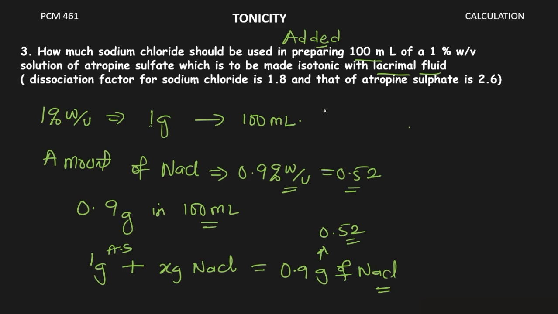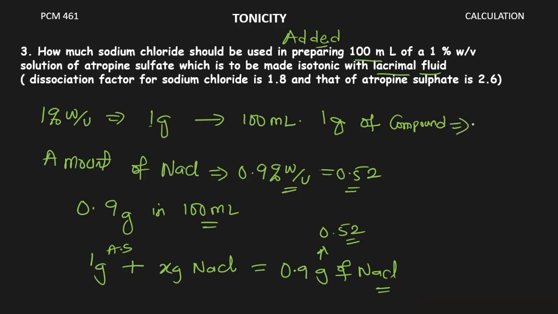To calculate it, you now say gram equivalent of sodium chloride. Let's just put it like this: 1 gram of any compound is equal to this formula.